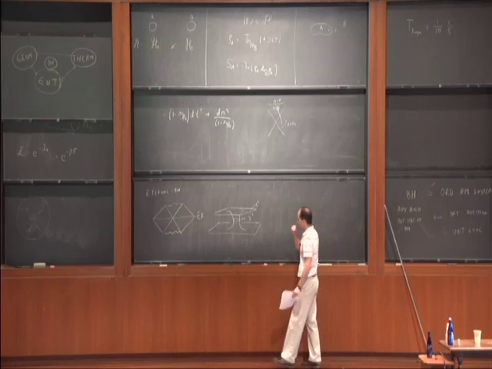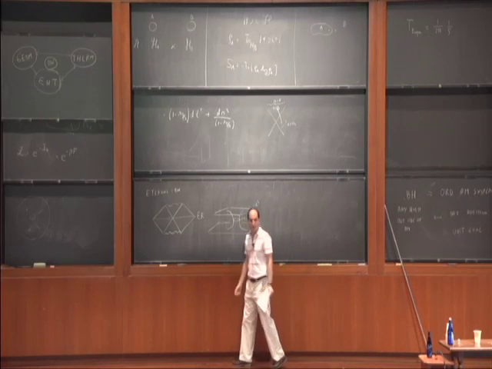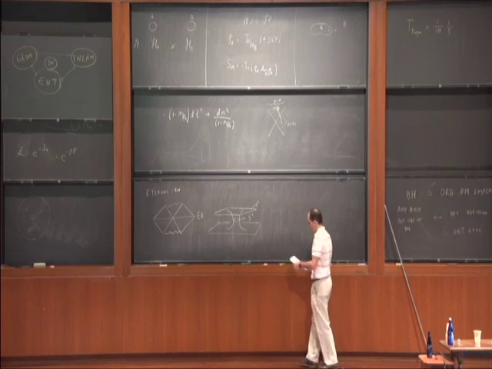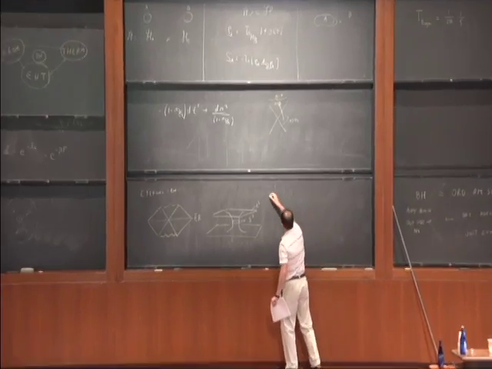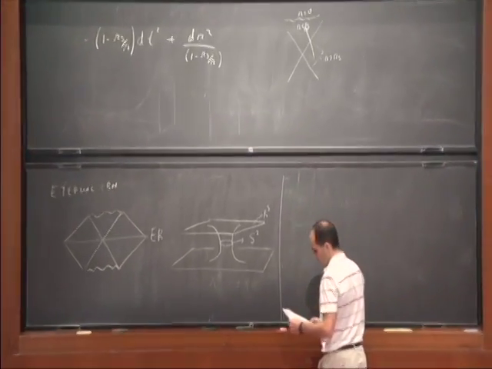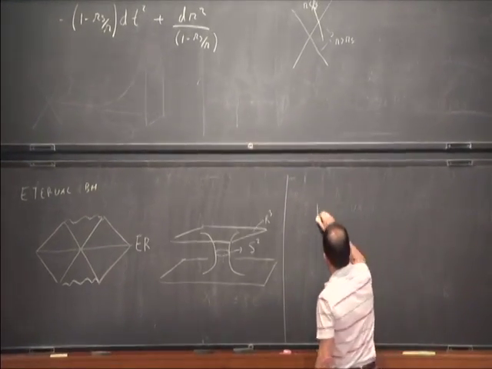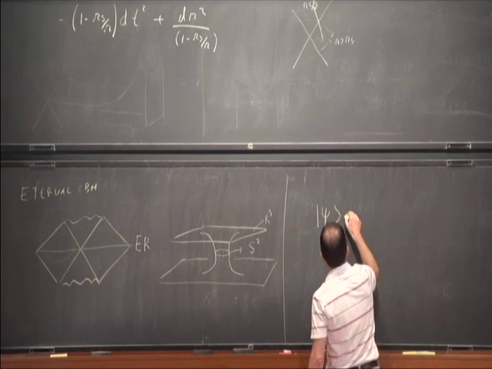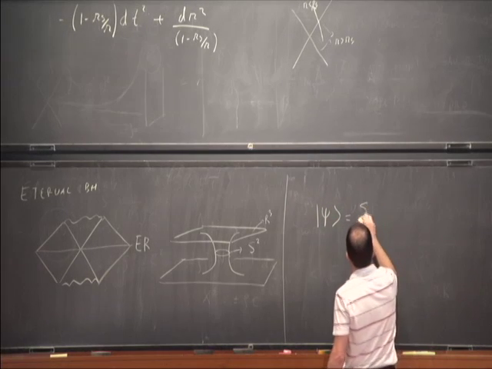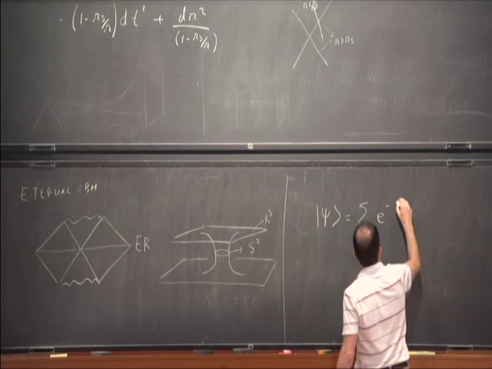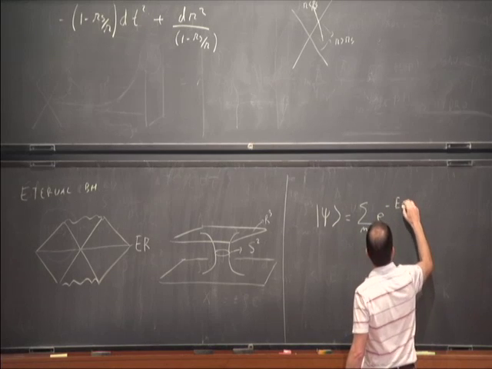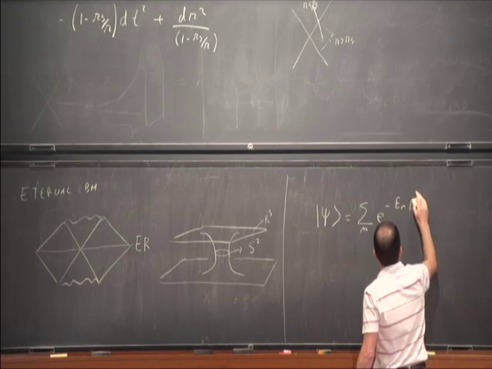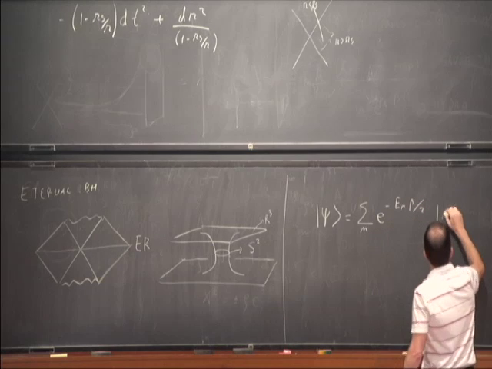Now the interpretation. This is some space-time, and you can ask what is the interpretation of this space-time. The proposed interpretation, first given by Israel, was that you should think of this as an entangled state of two black holes.